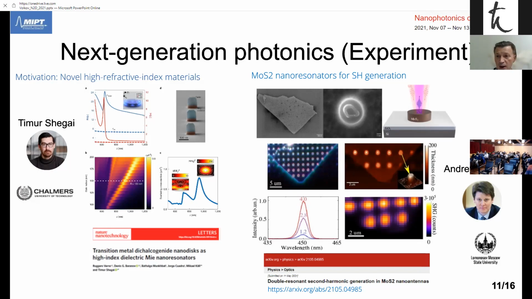In our recent research, which has been done together with the group of Professor Fedyanin from Moscow State University, we applied the same approach, lithography and etching, to a single crystalline MoS2 flake to fabricate an array of nanodiscs that support magnetic dipole Mie resonances in the near infrared spectral range.